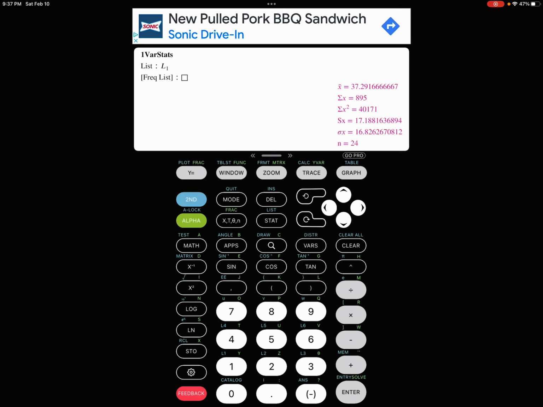Much easier. So I have X bar. That's my sample mean. I have the sum of all the x's, sum of the x's squared. That S of x is the sample standard deviation. The sigma x is the population. Okay, let me start over again.